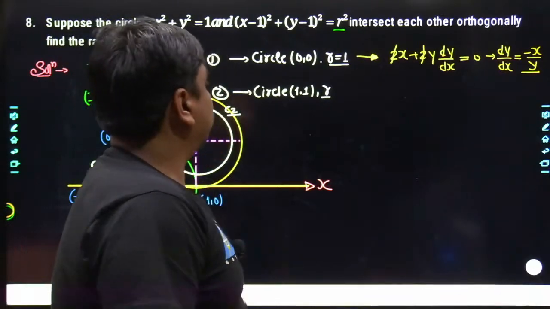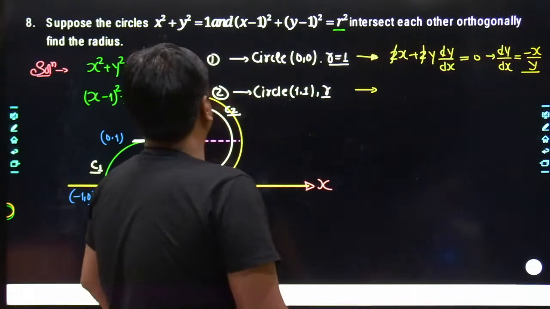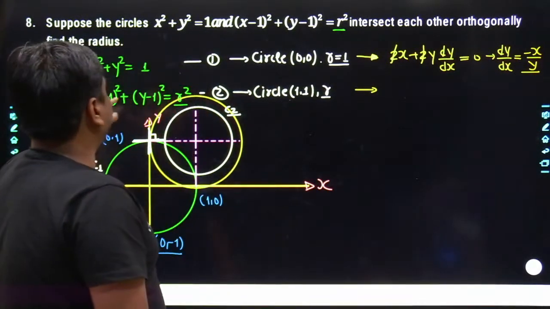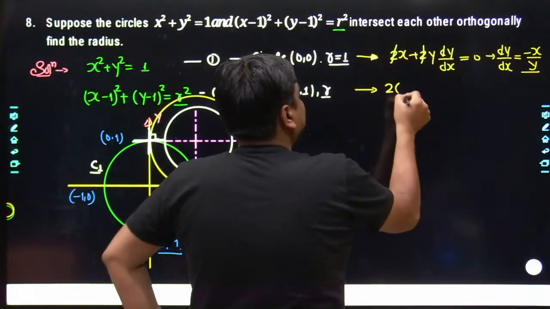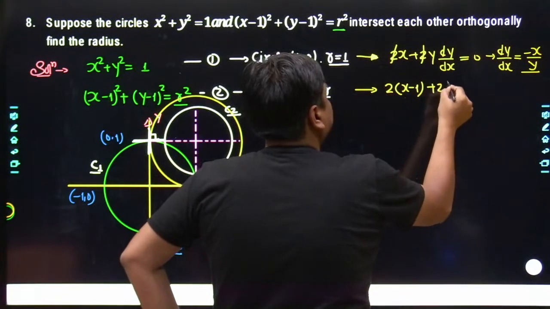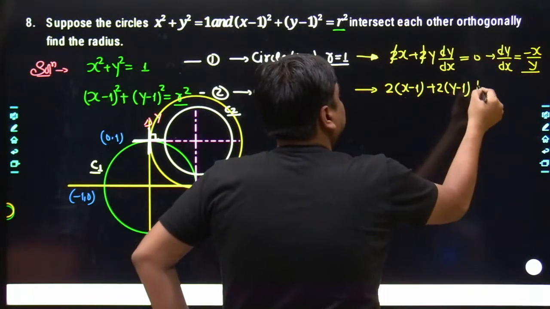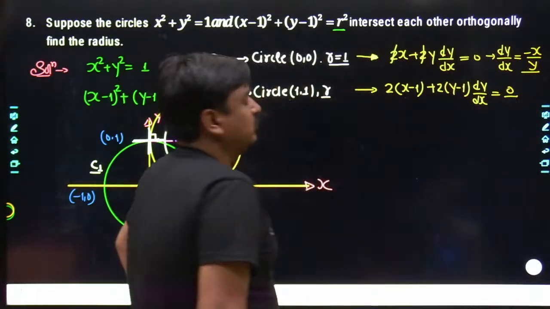Similarly, if you focus on the next one, again the differentiation of this equation has to be taken. It's simply going to be 2 times (x minus 1) plus 2 times (y minus 1) dy by dx, with the differentiation taken with respect to x and compared with 0.